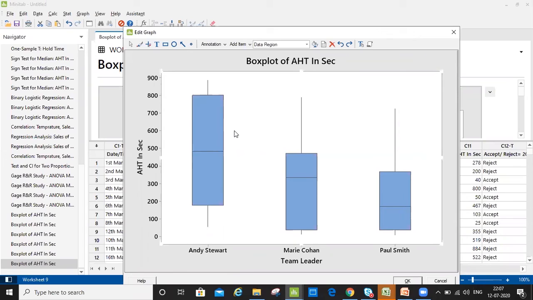So let's say this is before the project, and after the project is completed, you might see that the variance would be kind of good in Andy as well in the later run. So this just gives you a representation of which of these three different categories has more variance.